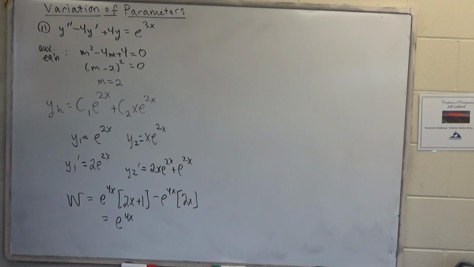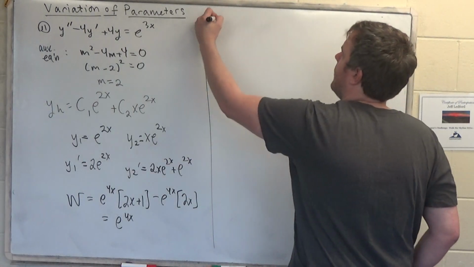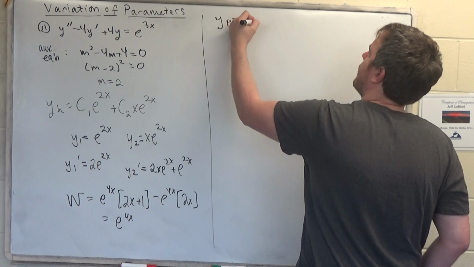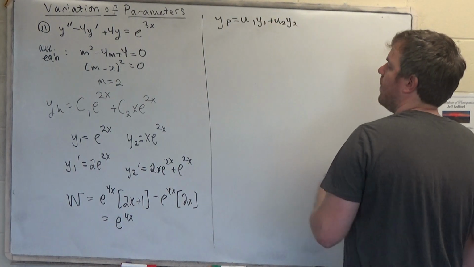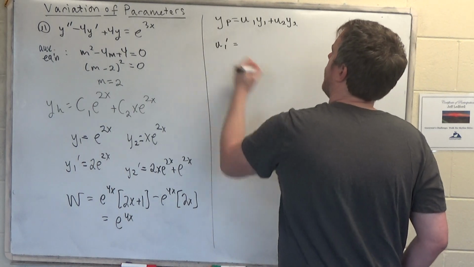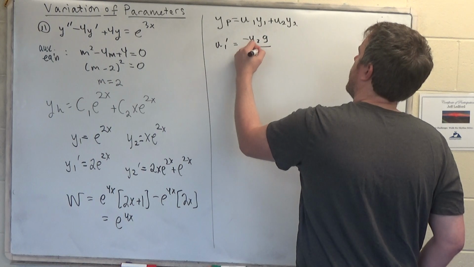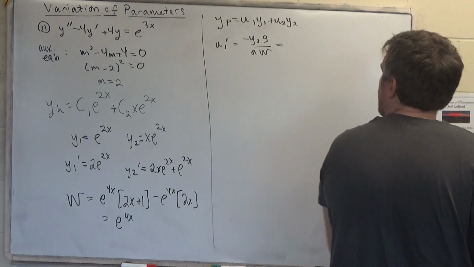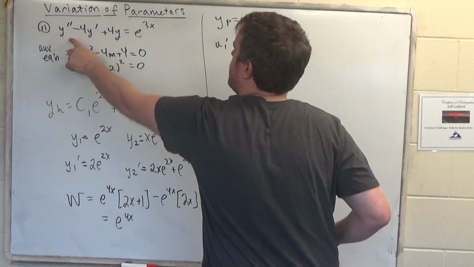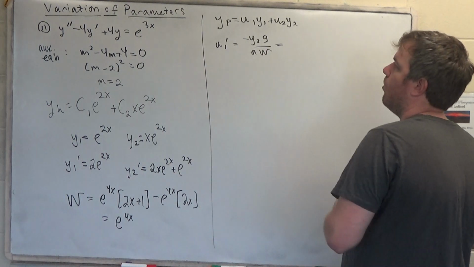Okay. Well, now what we need to do is to use our variation of parameters technique. We have the particular solution looks like u1 y1 plus u2 y2, where u1 prime is negative y2 g over aW, where a is again the coefficient of the highest derivative appearing, so in our case a is going to be 1.